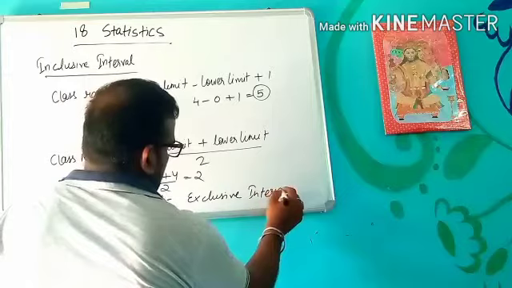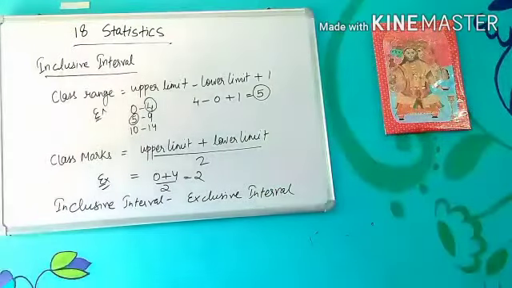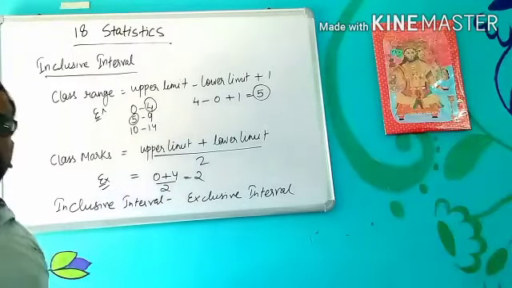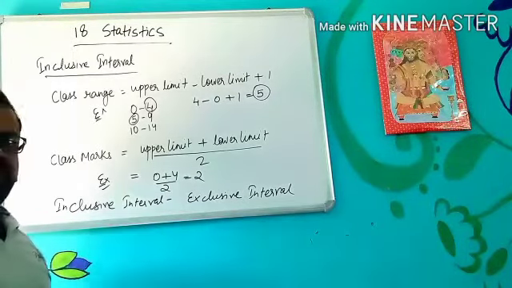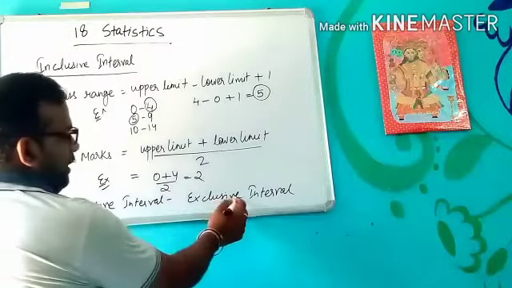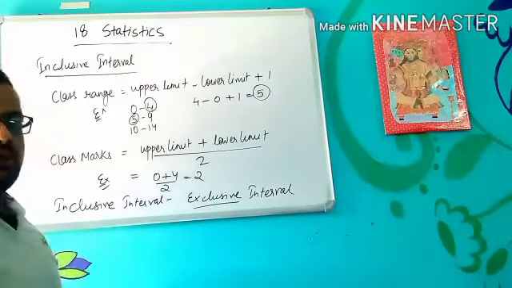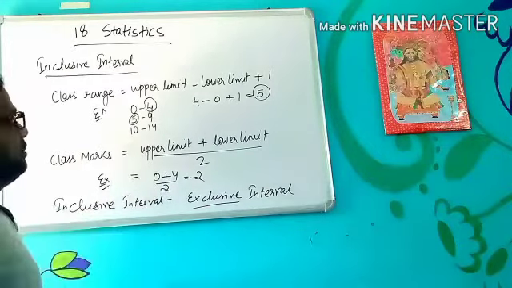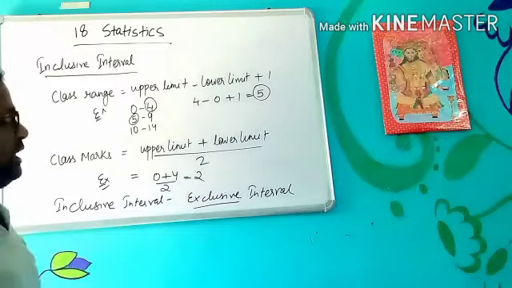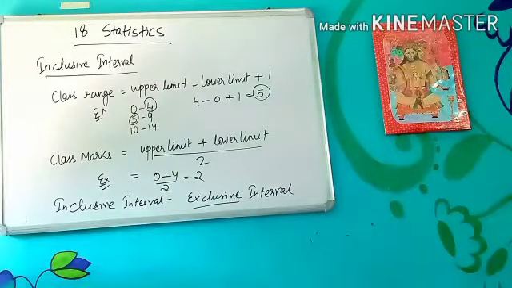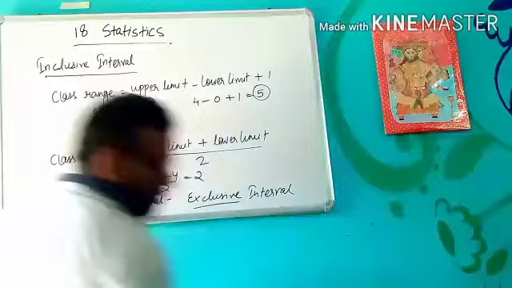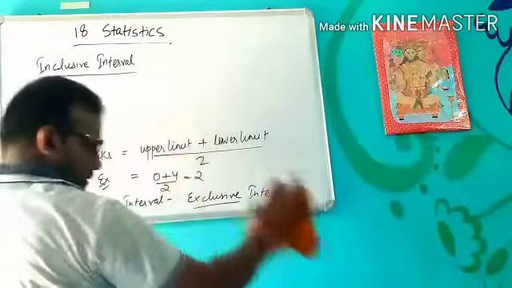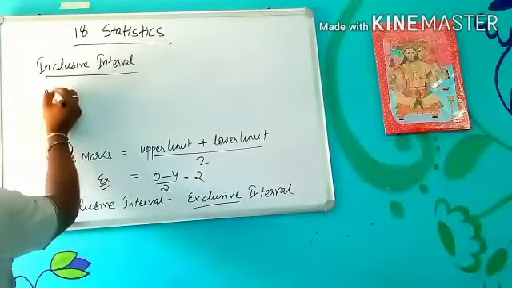Okay, how to convert, since exclusive intervals are more easy to use and they ensure the continuity in the distribution of the data, so we prefer this exclusive interval. And also for making the histogram, we need exclusive interval. So suppose if you are having the inclusive interval, then how you will convert that inclusive interval into the exclusive interval? So for that, one thing that we need is adjustment factor.